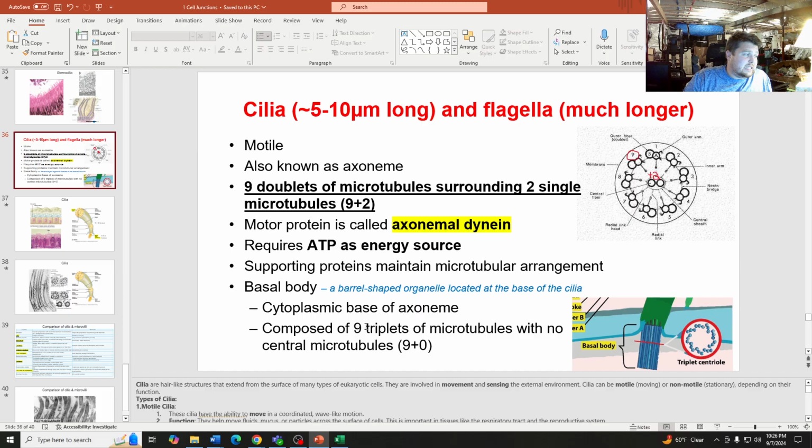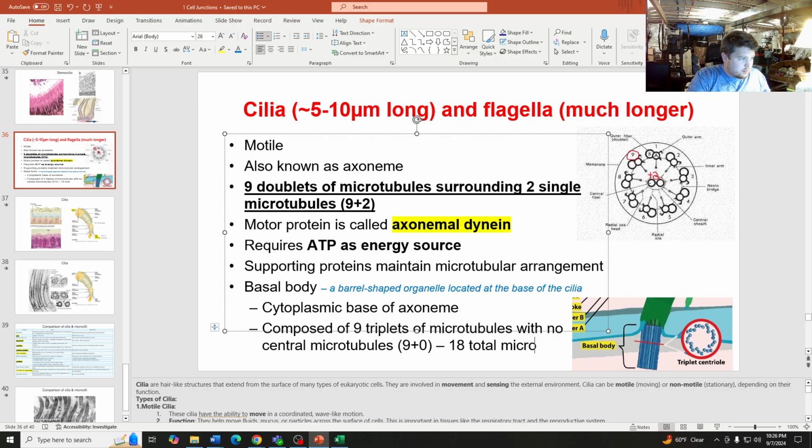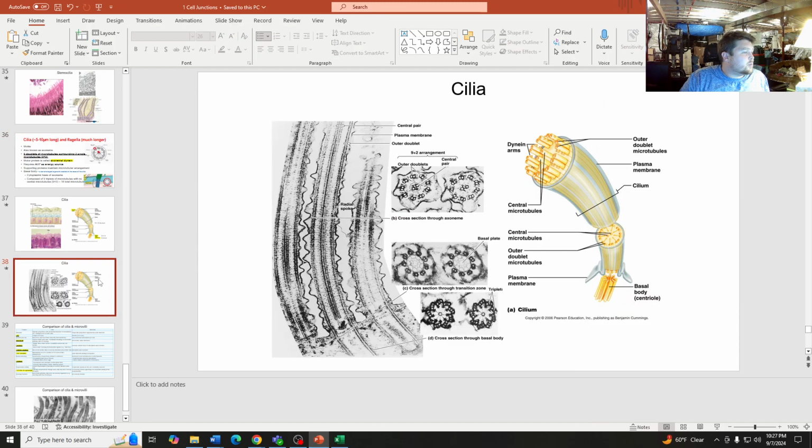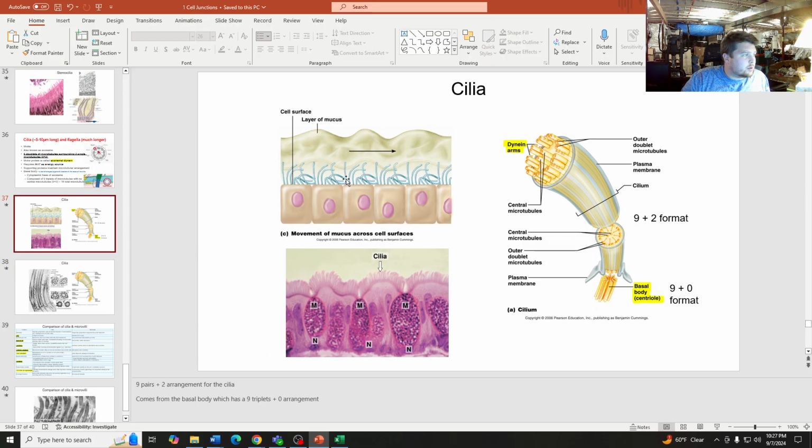So 18 total microtubules, right? Because 9 times 2 is 18. As we go up and out into the cilia, we actually gain additional central microtubules.